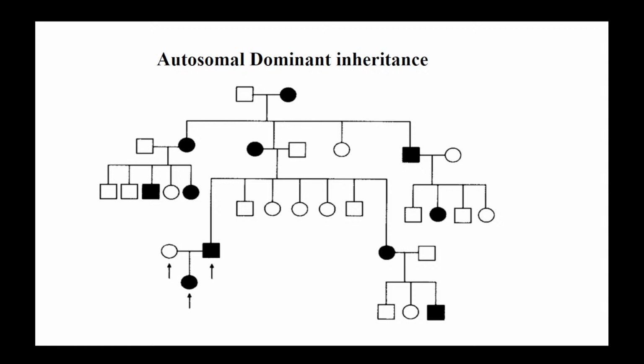A person with the characteristic is possible if both parents or one parent have this characteristic, and the vertical type of inheritance is characteristic. And we can find these characteristics equally in males and females.